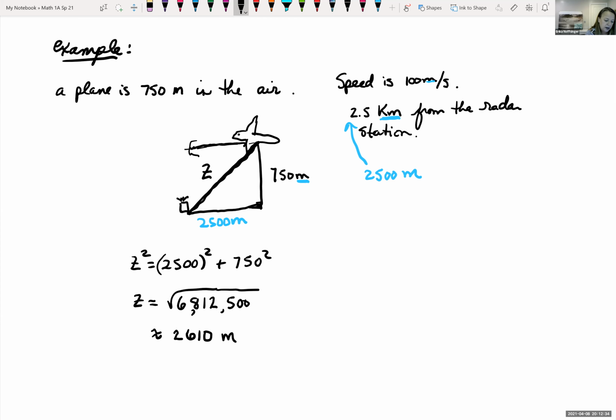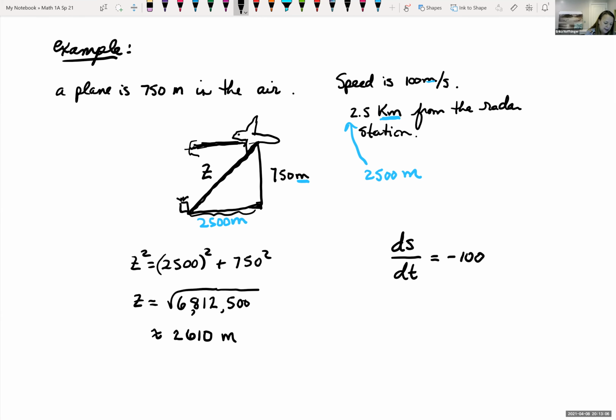So maybe we can do dx/dt equals negative 100. Okay, so we want to go in here and set up an equation that relates all of this information. This is going to be changing as the plane is coming in here.